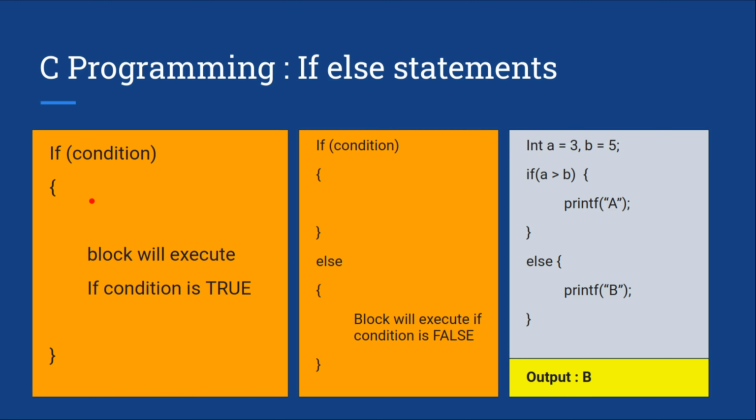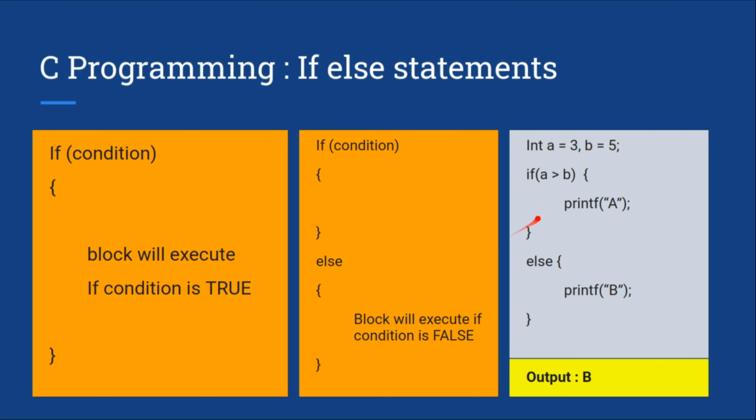What if we are using else with if? We have an if, then we have an else. For example, if our condition is false, in this case we are not able to execute anything. But if we have an else here, then if our condition is false, we can execute this else. That is the benefit of this.